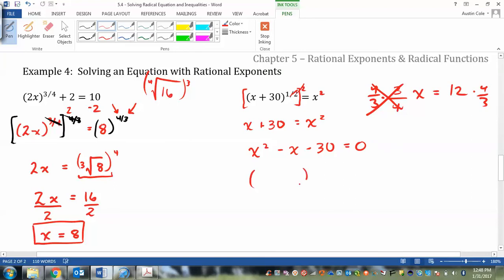And now I can factor this. Factors of negative 30 that add up to negative 1 should be negative 6 and positive 5. So then x is going to equal 6 and x is going to equal negative 5.